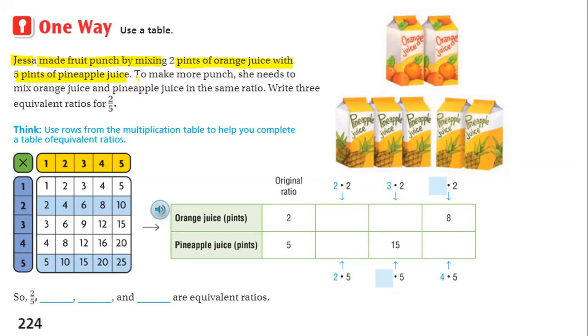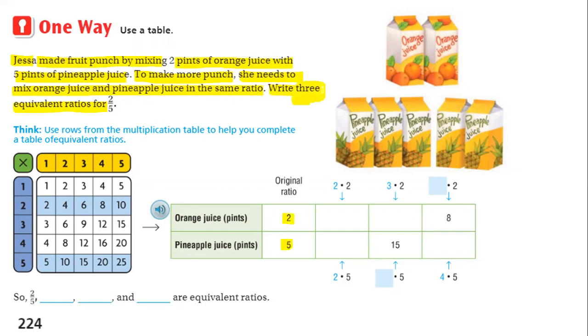To make more punch, she needs to mix orange juice and pineapple juice in the same ratio. Write 3 equivalent ratios for 2 to 5. Good job. So this is the main ratio in the question, and I need to write other equivalent ratios.